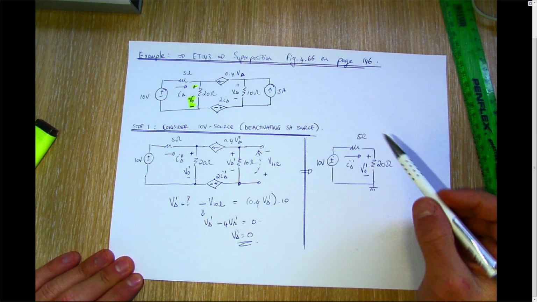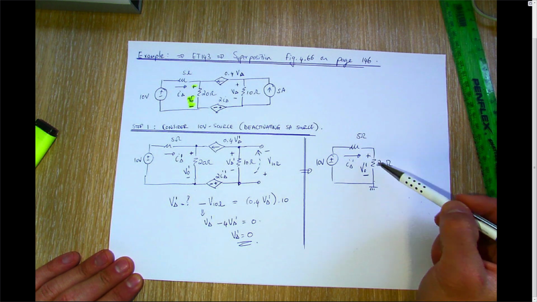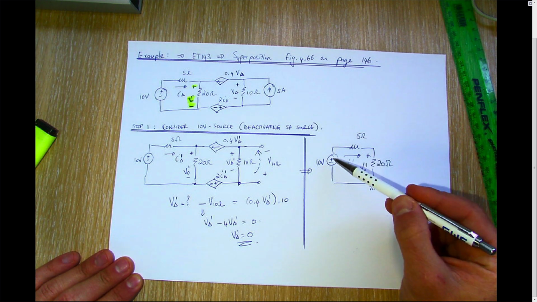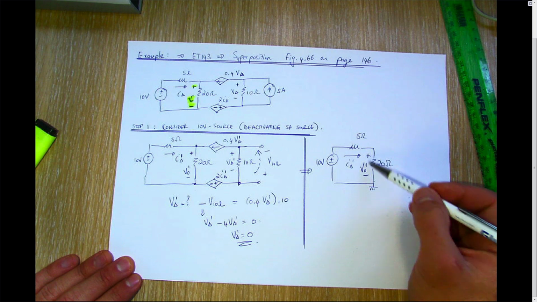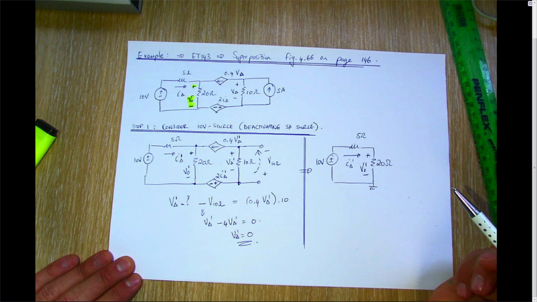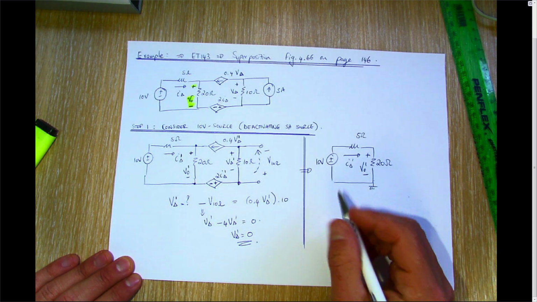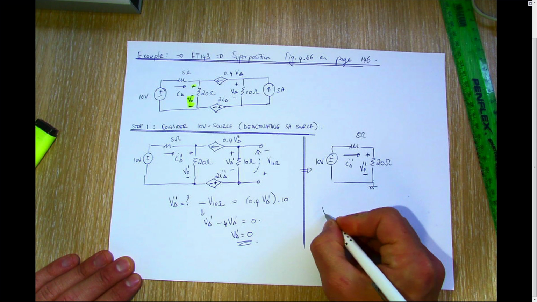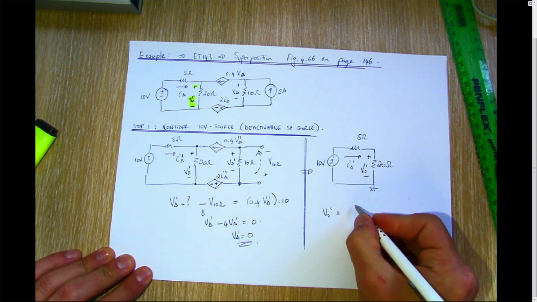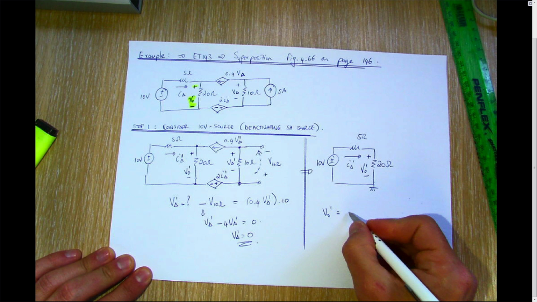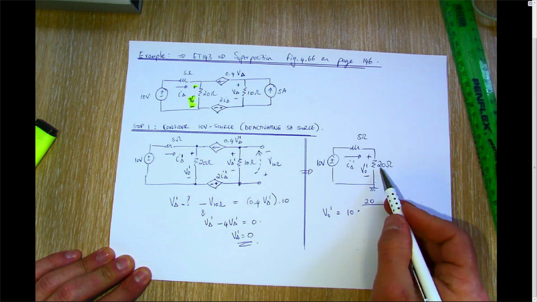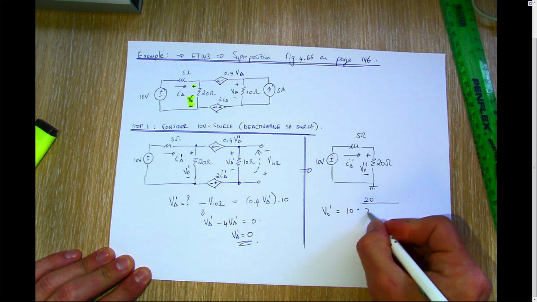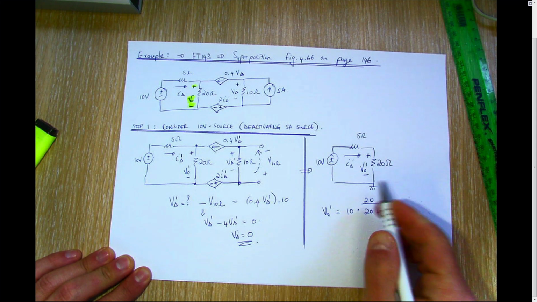Now, when we've got two resistors like this and one voltage source driving them, what's the simplest way for me to calculate the voltage division over this resistor? Well, that's a voltage divider, exactly as I stated over here. So V0 prime is equal to the source voltage, 10, times the resistor over which I want its value, divided by the sum of the resistors.